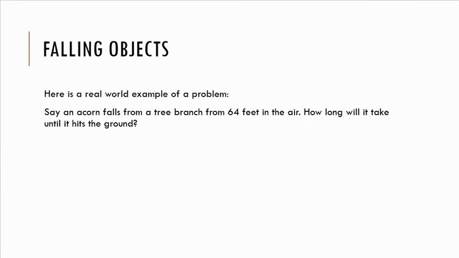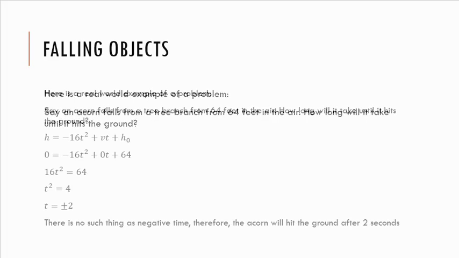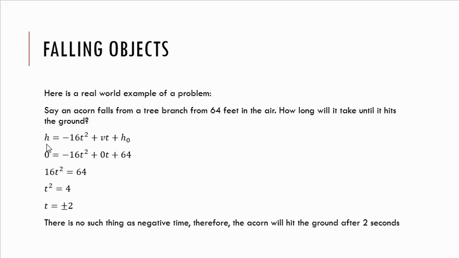Here's a real-world example of a problem. Say an acorn falls from a tree branch from 64 feet in the air. How long will it take until it hits the ground? We start here with our vertical motion equation: h equals negative 16t squared plus vt plus h sub 0.